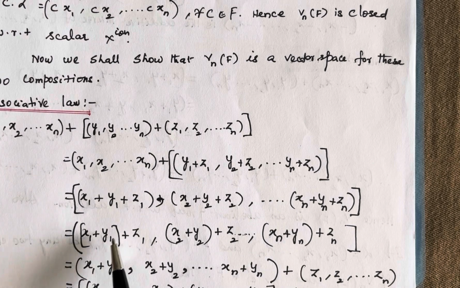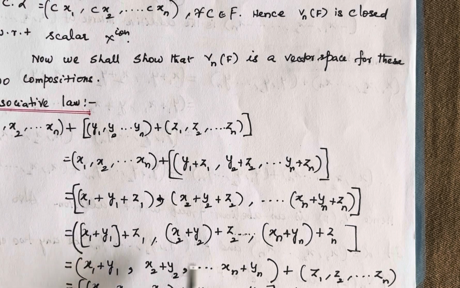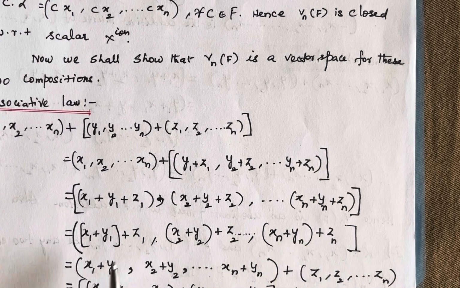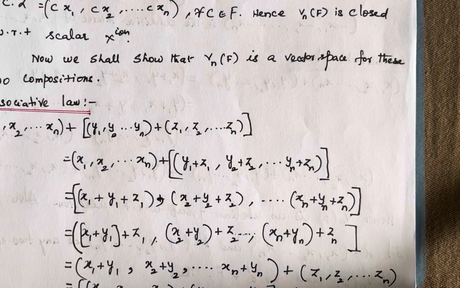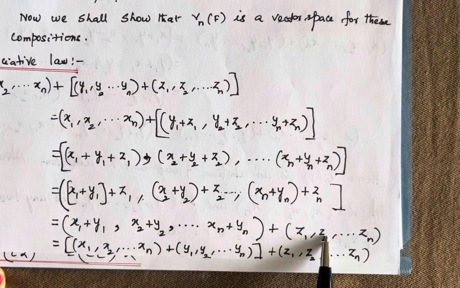So this I can split as an addition. We can take it as combining x1 plus y1 together and plus z1, here x2 plus y2 together plus z2, etc., xn plus yn plus zn. Now this again we can write as x1 plus y1, x2 plus y2, xn plus yn, and then this is with z1, z2, zn.